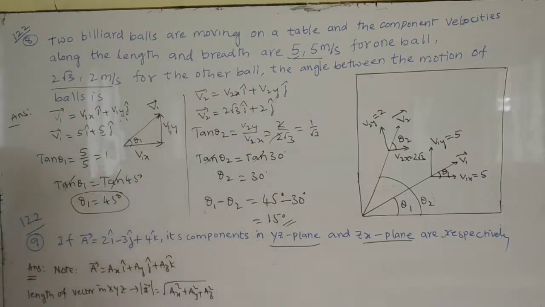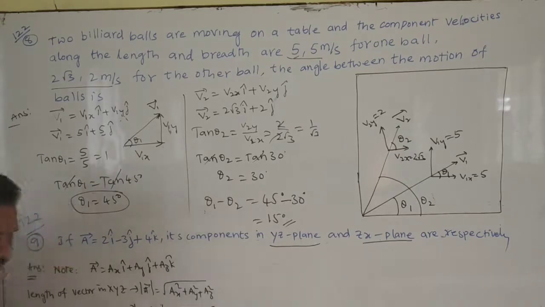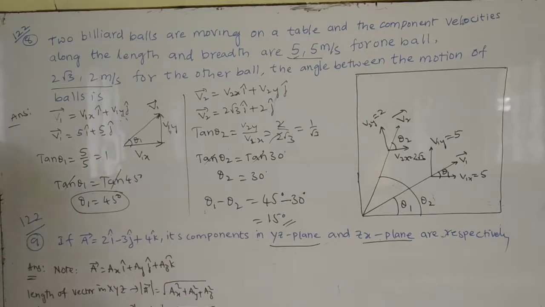Now what is the length of the vector only in the xy plane? The magnitude of A bar equals root over Ax square plus Ay square. And the length of the vector in the yz plane is root over Ay square plus Az square. Like that we can write it for the zx plane.